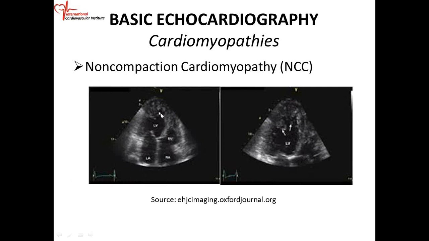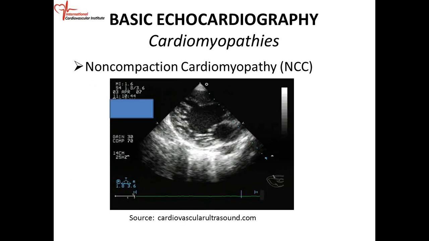If you look in your LV cavity, the wall looks prominent, but you can see these trabeculations and recesses. If you're not sure what's going on, then you do your microbubble contrast. Okay, but again, look there, you see these intertrabecular recesses.